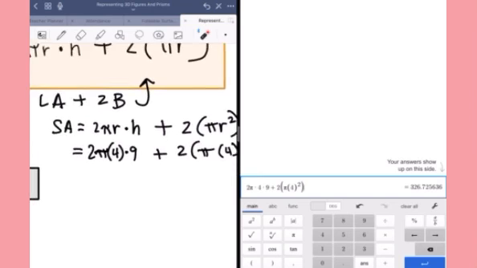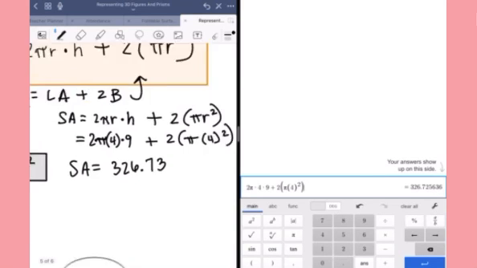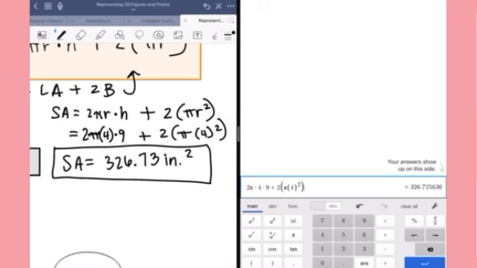So our total surface area of the cylinder is 326.73. And we are doing inches squared. Okay. And that's pretty much it.